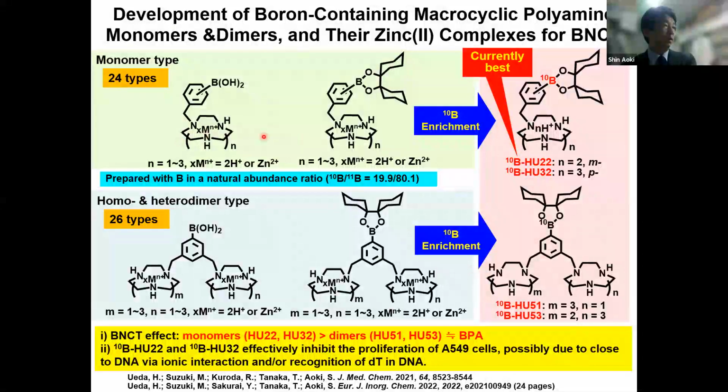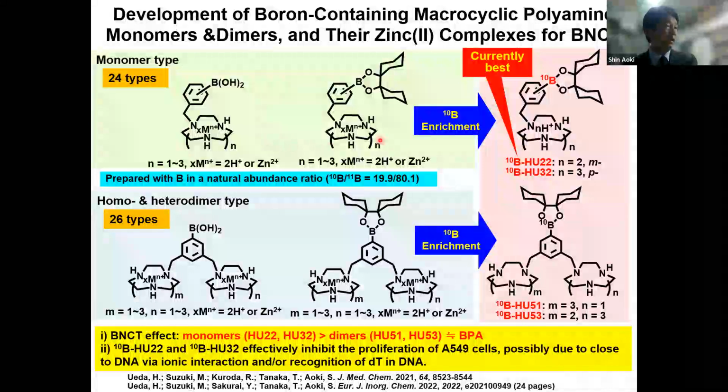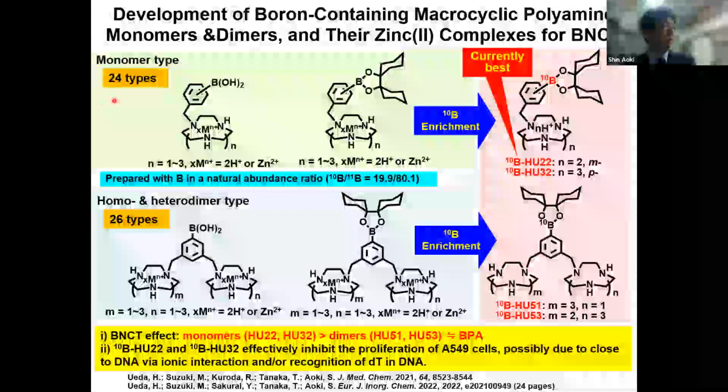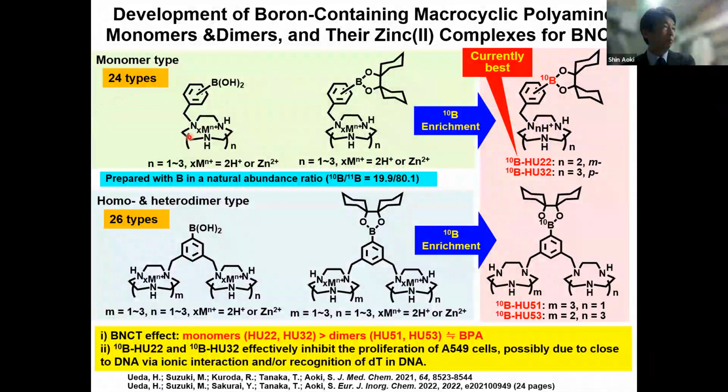So far, we carried out the synthesis of the BNCT variation of 24 monomeric type macrocyclic polyamine boron compounds and 26 types of homoleptic and heteroleptic dimer type compounds.